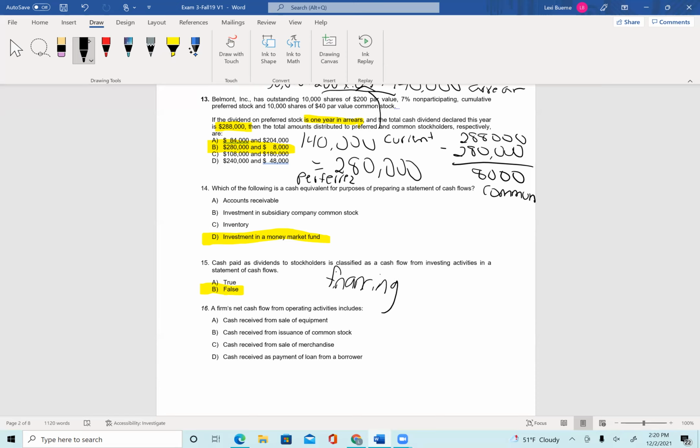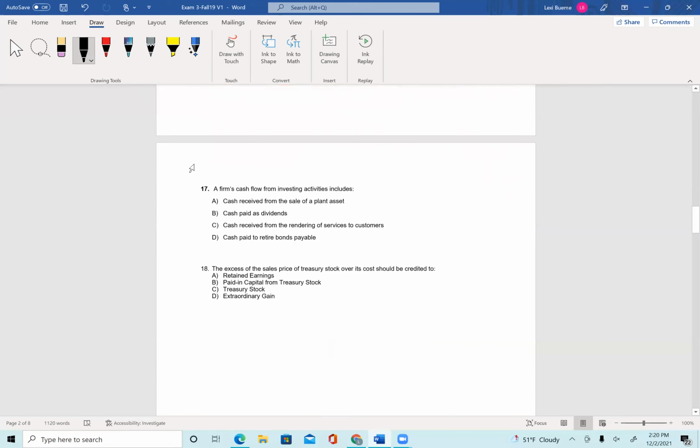A firm's net cash flow from operating activities includes our cash received from the sale of merchandise. That's the only operating. So equipment is investing, stock is financing, and loans is like a notes payable. So that's also financing. A firm cash flows from investing is cash flows from the sale of a plant asset.